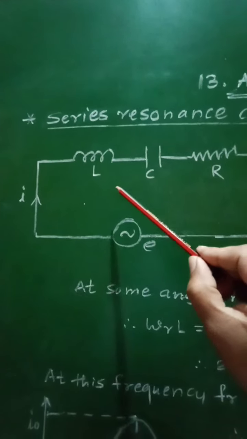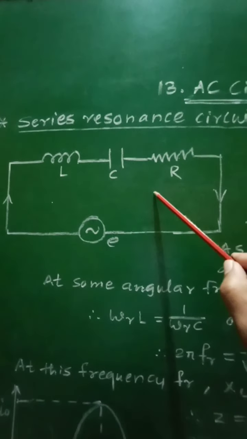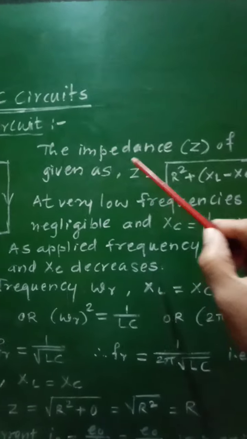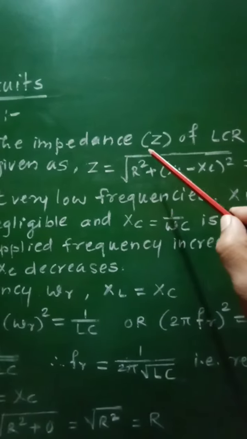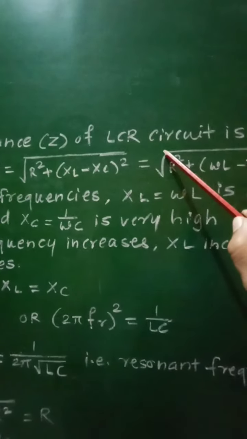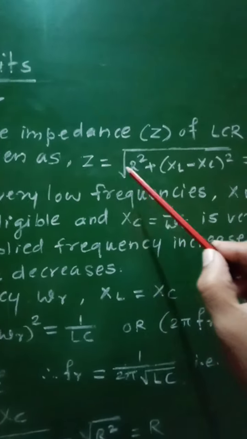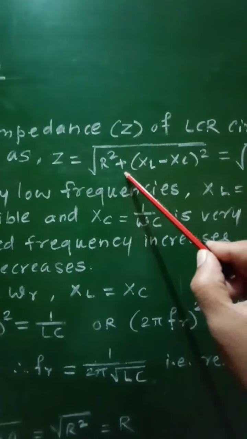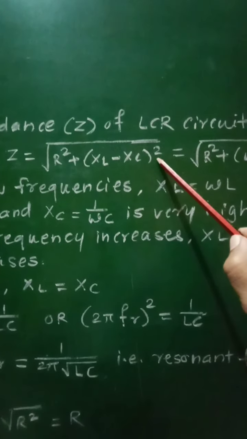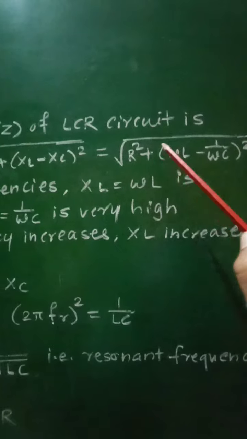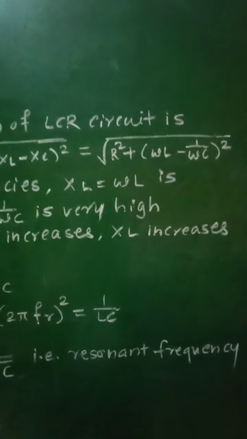Now we are already familiar with such a series combination of LCR, and we know that the impedance, that is the total resistance of that circuit, Z, is given as Z equal to square root of R square plus (XL minus XC) whole square, or it can be written as square root of R square plus (omega L minus 1 upon omega C) whole square.